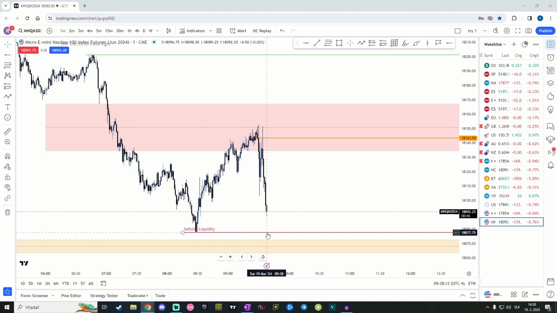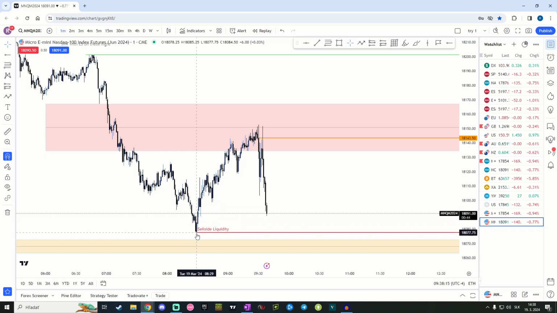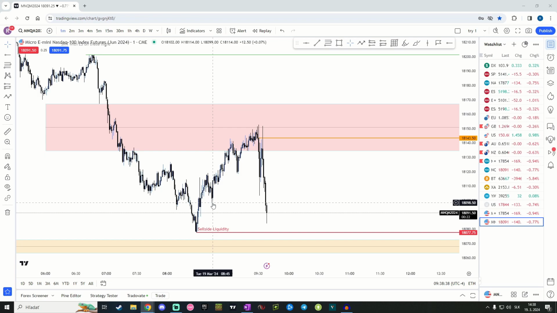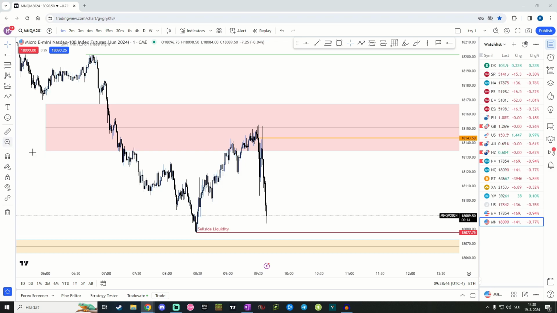And we might be just reaching for the sell side liquidity. So he has also taken out this low. Not yet this one. Not yet this one. But as we are so close to the sell side liquidity, I'm not trying to do anything yet.